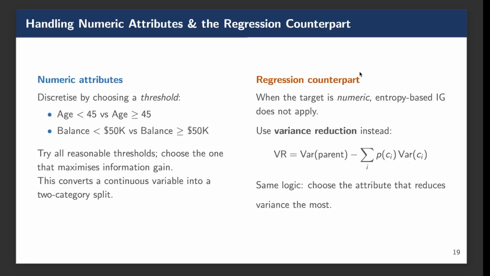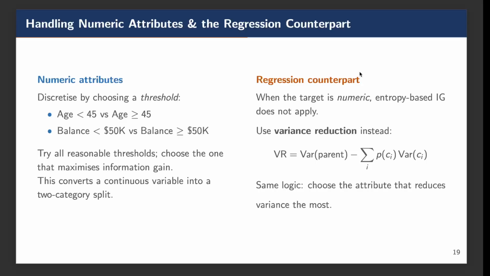Now let's look at handling numerical attributes and the regression counterparts. To handle numbers like age or balance, we discretize them by choosing a threshold. For example, we put a threshold of 45, so age is less than 45 or age is greater than or equal to 45.